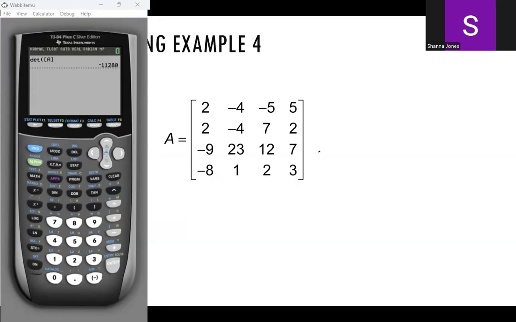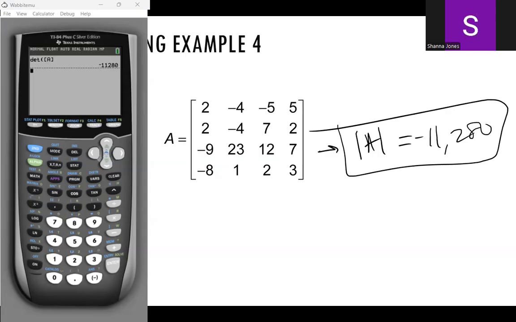So we know that the determinant of A equals negative 11,280. There. Questions about doing it in the calculator?